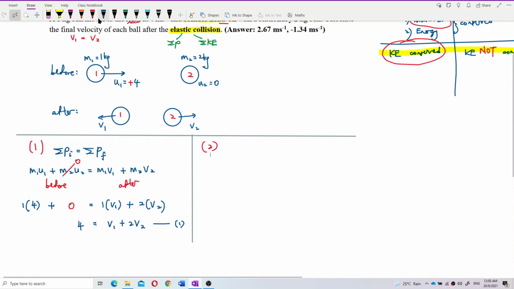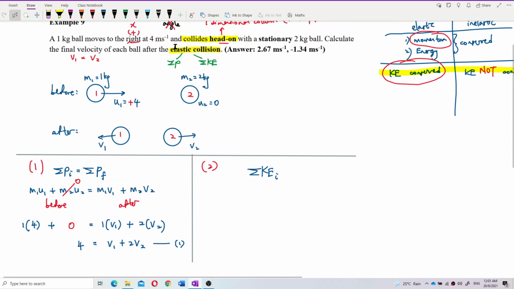Right now it is an elastic collision, so let's look at this one. You can use conservation of kinetic energy. For elastic collision, the kinetic energy is conserved. That means the initial total kinetic energy is equal to the total final kinetic energy after collision. The kinetic energy before collision equals the kinetic energy after collision.